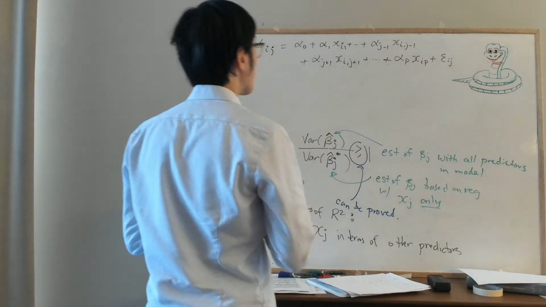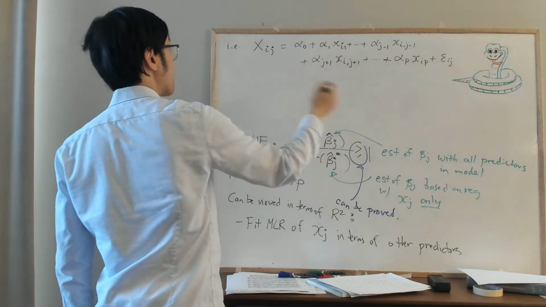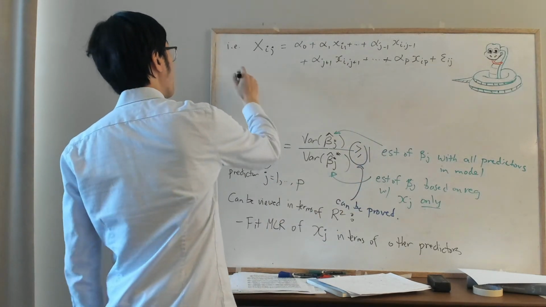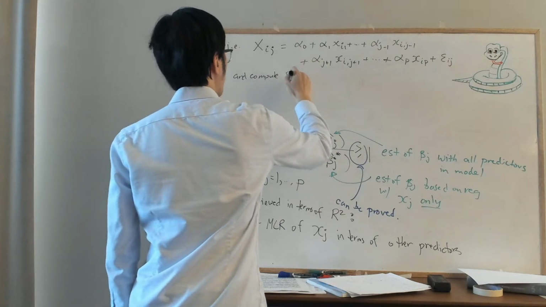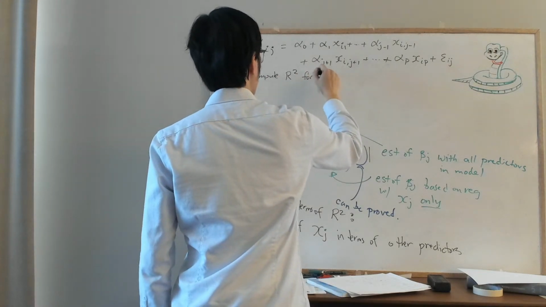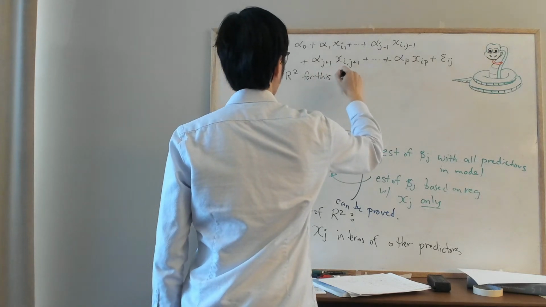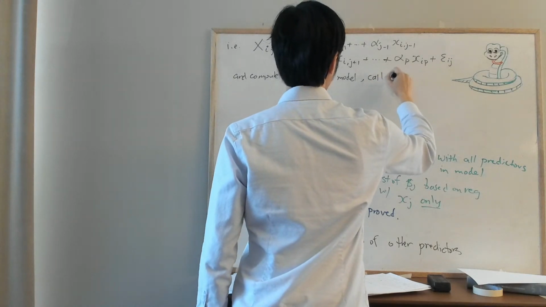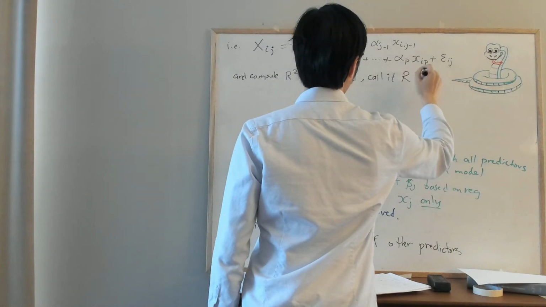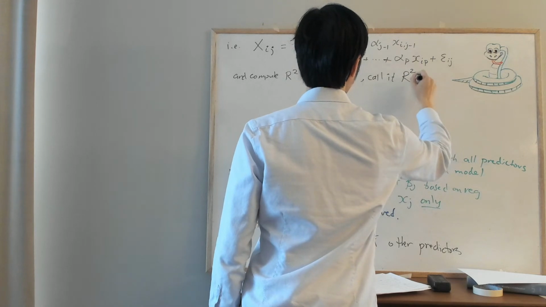Okay, and so after we fit this, for example, using lm, we compute the R squared for this model, and let's call it R squared sub j.